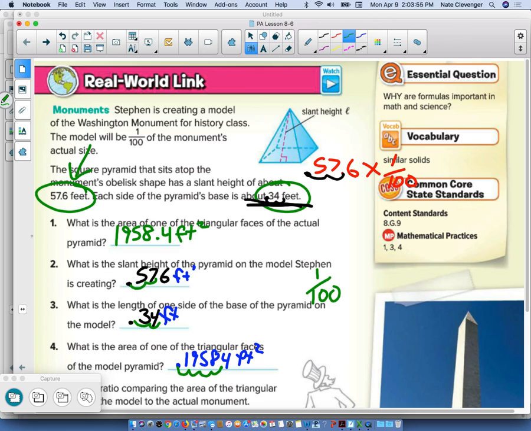But when it came to the area, we had 1 over, we moved it 4 places. What's the relationship between 100 and 10,000? Anybody know what? Did I say 10 and 1,000? What's the relationship between 100 and 10,000?